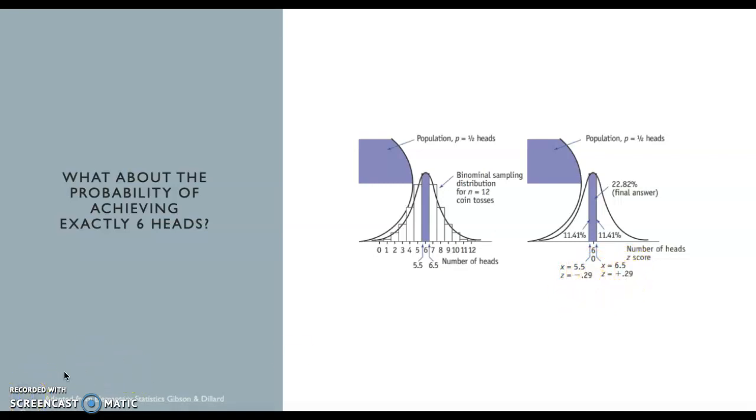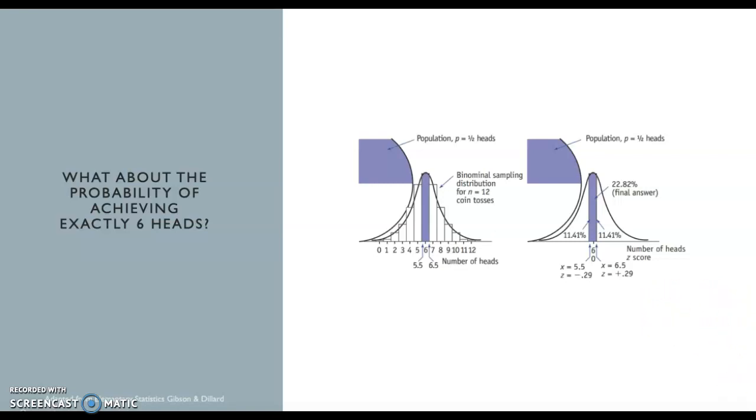In order to do that, we need our formula. Z is equal to x minus mu divided by sigma, which means x, our data value, 5.5, minus mu, which in this case is 6, divided by sigma, which we found earlier to be 1.73.